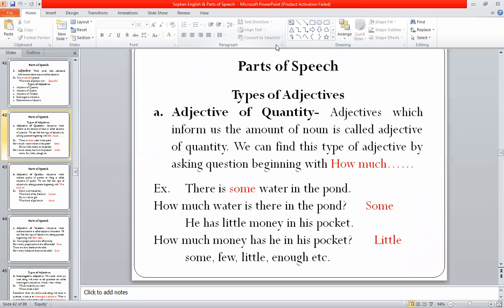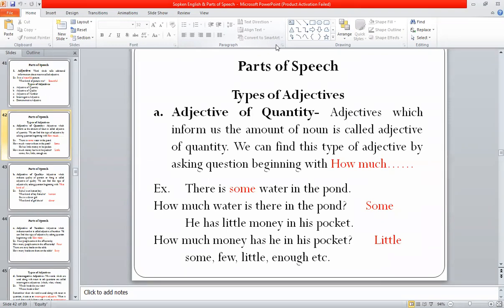Then the next is, he has little money in his pocket. If we ask a question starting with how much, then it will answer the adjective of quantity. So let's ask the question, how much money he has in his pocket.